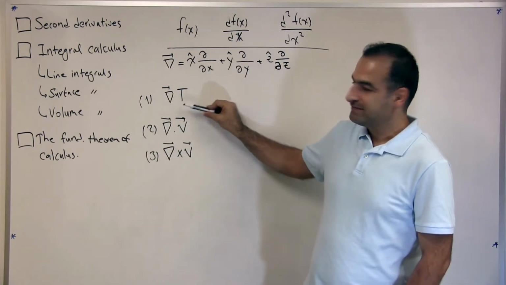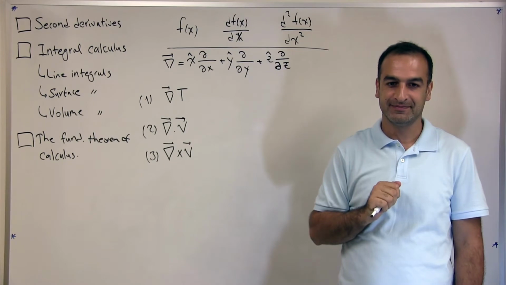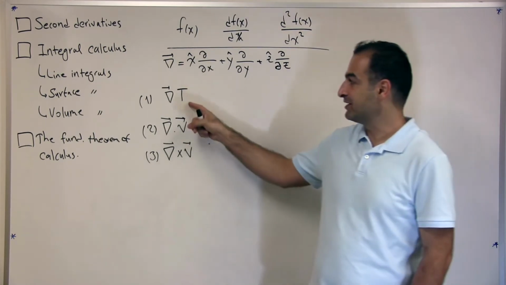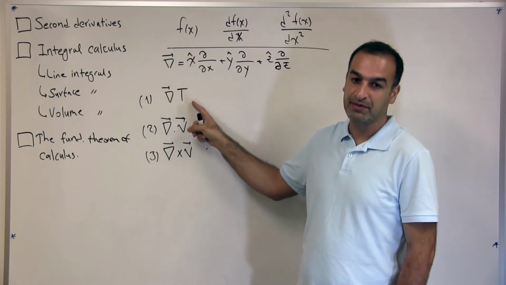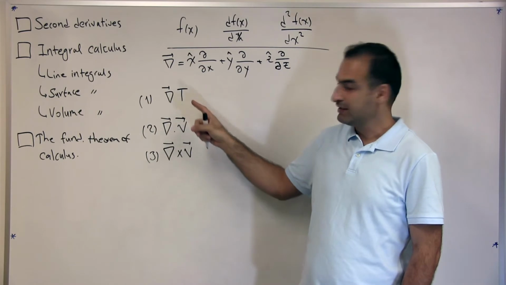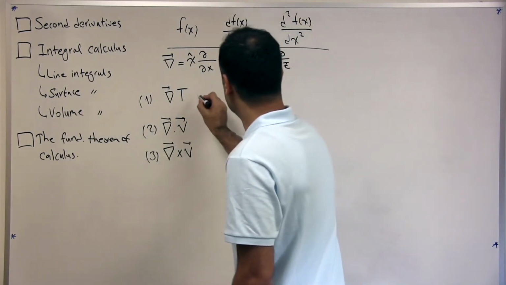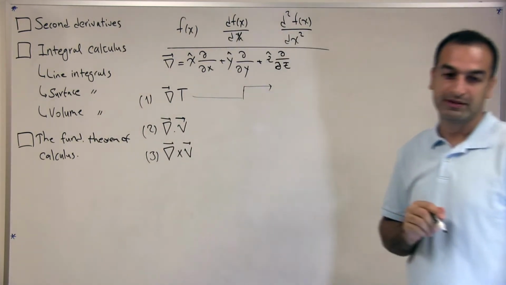The gradient of T, is it a vector or a scalar? Vector. This is a vector, right? You can apply the del operator on a vector in actually two different ways.